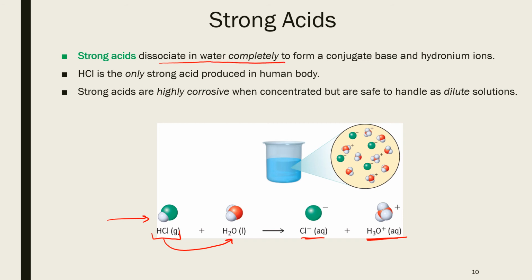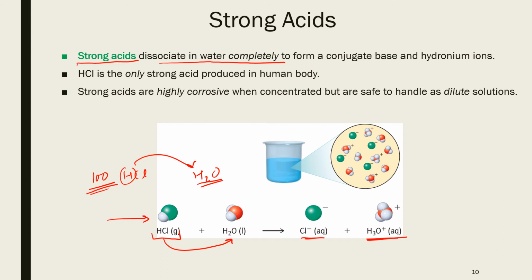So the meaning is that if you have, for example, 100 molecules of HCl in water, all 100 molecules will dissociate or donate their proton to water, all of them. So those acids which donate their protons completely to water and form hydronium ions are known as strong acids.